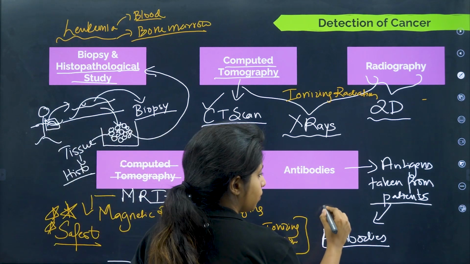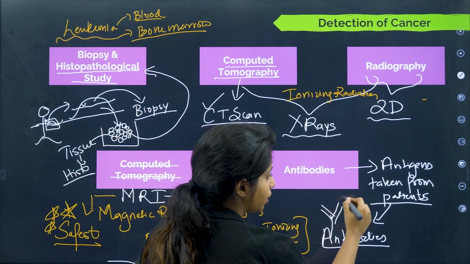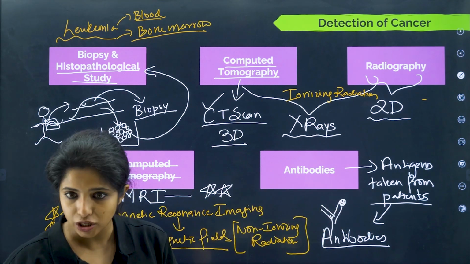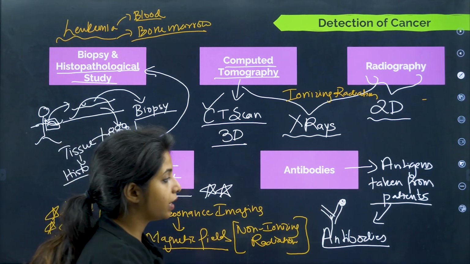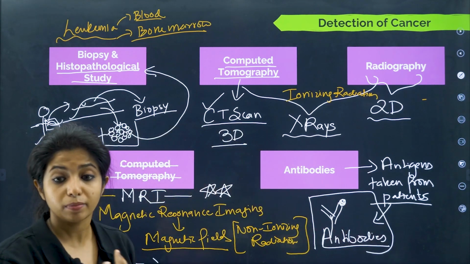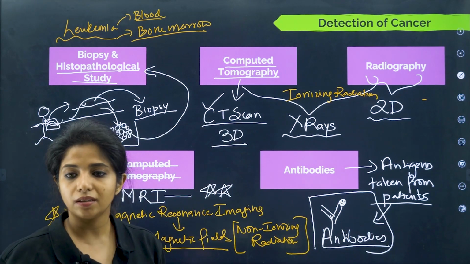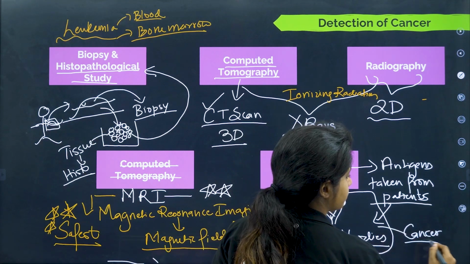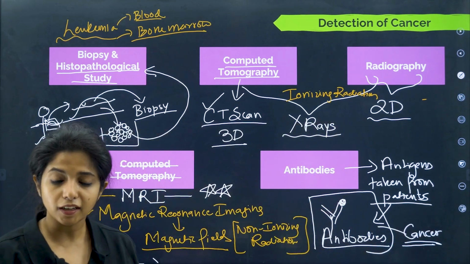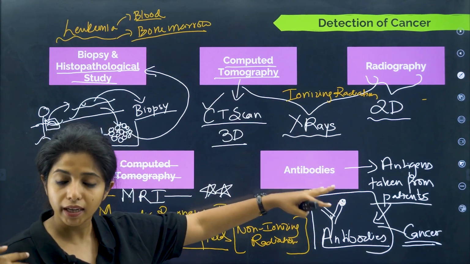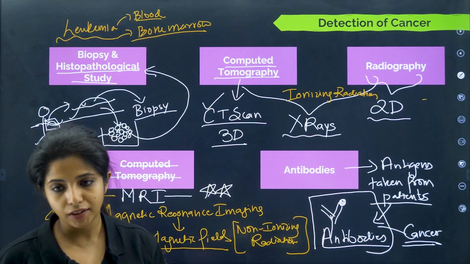And now, if we see that these antibodies are binding with this particular antigen taken from the patient, we will get to know that since it is binding to an antibody which is released in our body when cancer is there, then probably this particular person will be having what? Cancer. That is how antibodies work. So over here, antigen is taken from the patient's body and then it is made to react with antibodies.